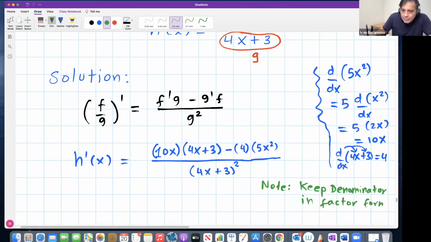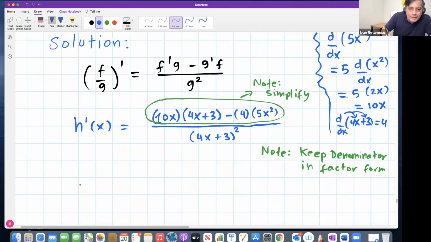Do not expand. Keep this guy as it is. The numerator is the one that you work out and simplify. The denominator stays in factor form.